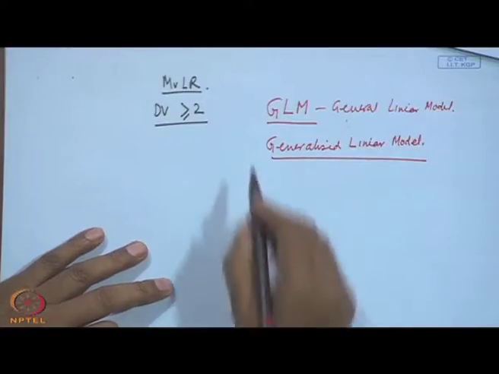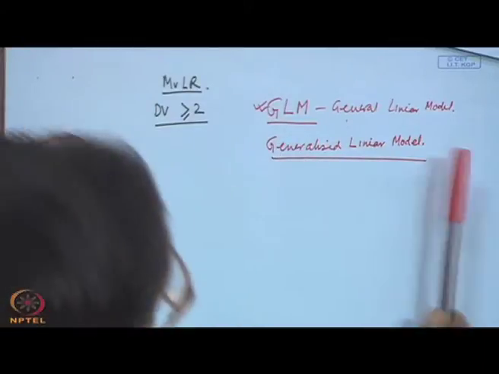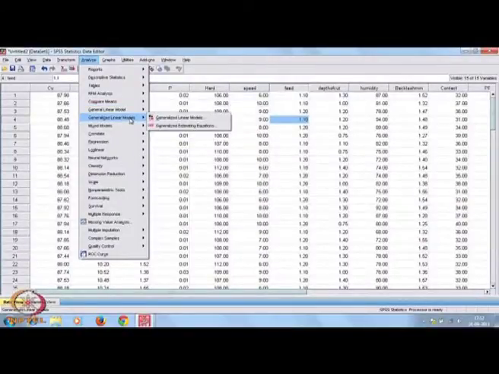We will go for General Linear Model, not Generalized Linear Model. The difference is that Generalized Linear Model is used mainly when the dependent variable is non-normal; logistic regression or Poisson regression come under Generalized Linear Model.